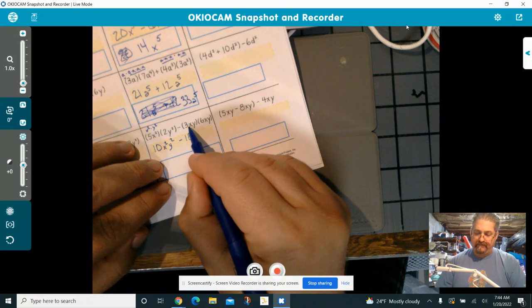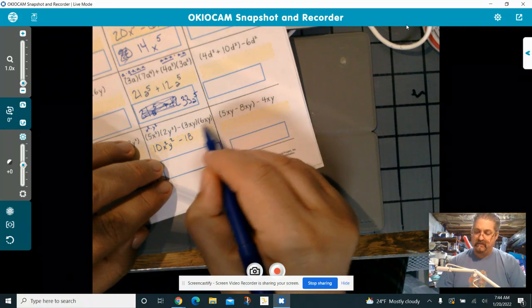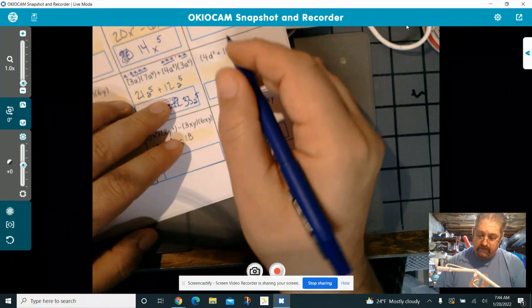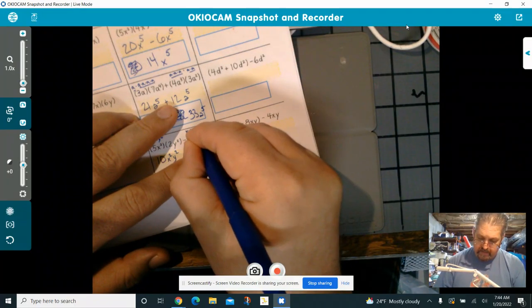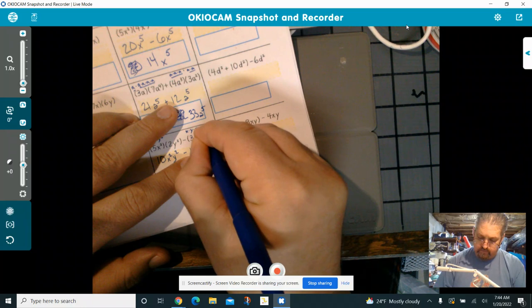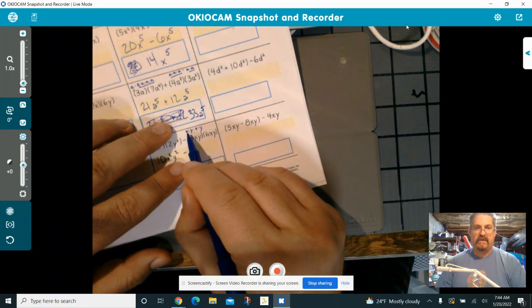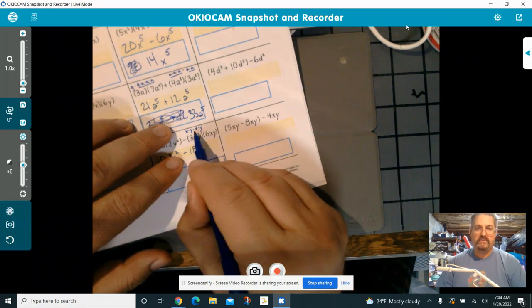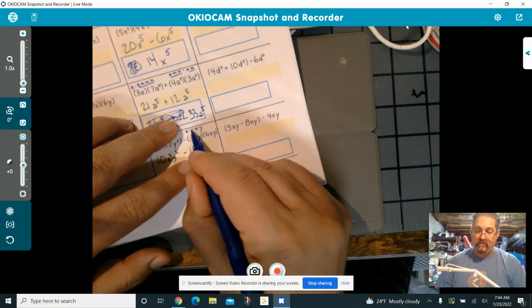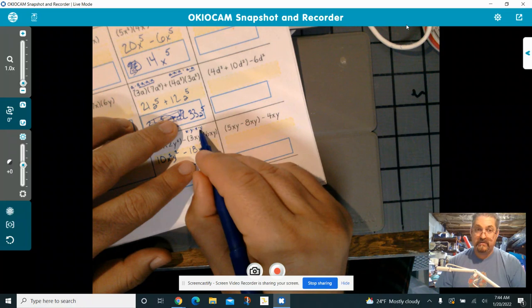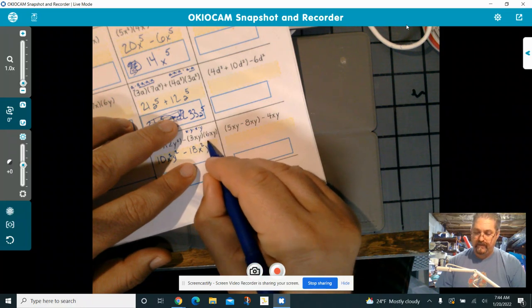Now over here, we have 3xy times 6xy. We did the 3 times 6. Now we have x times y times x times y. How many x's do we have? 2. So that becomes x squared. How many y's do we have? 2, y squared.